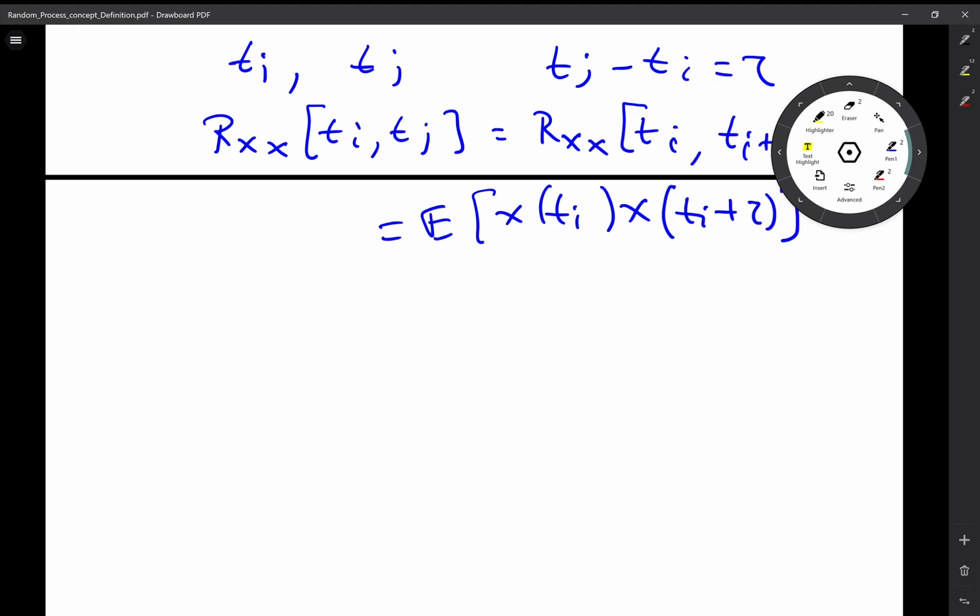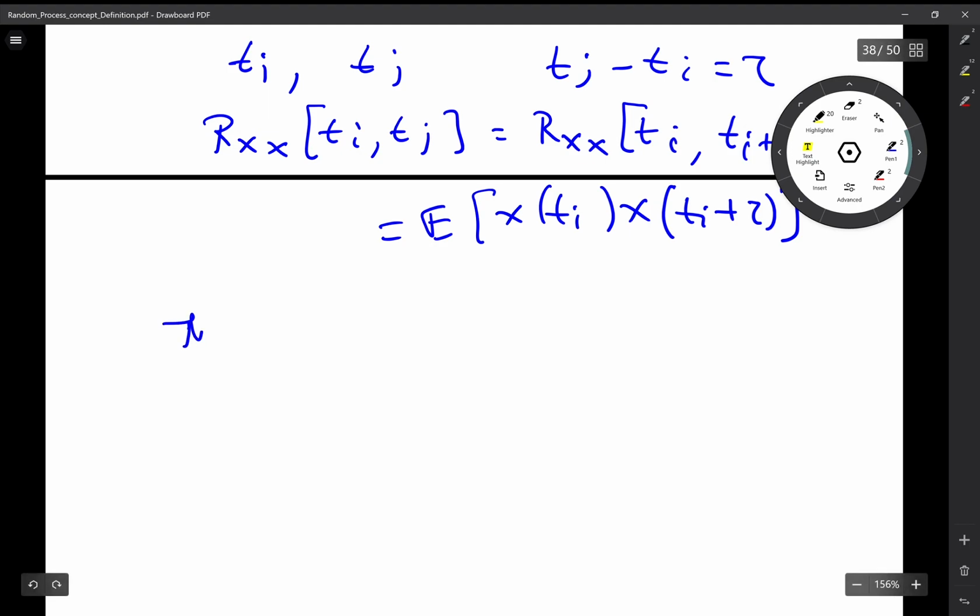So one thing I must emphasize: why is this auto? Because you see that the relationship is between the same process. We are taking the same random process x. The word auto, sometimes we call it auto-correlation.